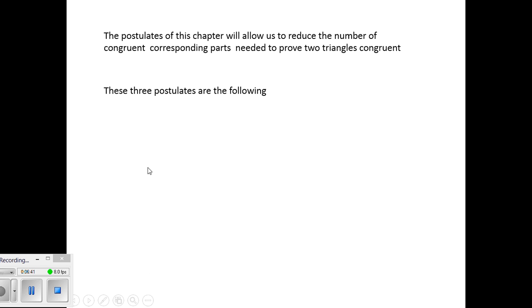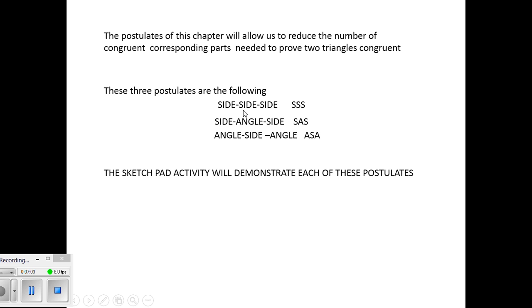They are the side, side, side. We're actually going to get to this in the next presentation, but it's right here and now. So there's the side, side, side, the side angle side, and the angle side angle. So there are going to be 3 things. If all 3 sides of one are congruent to the corresponding sides of another, then you have triangle congruence.